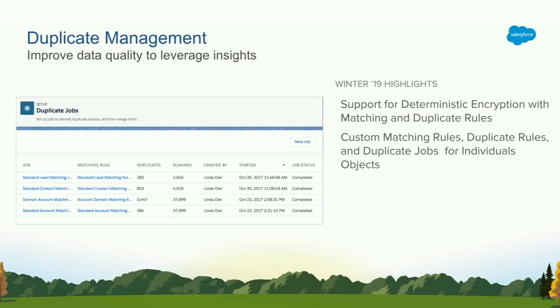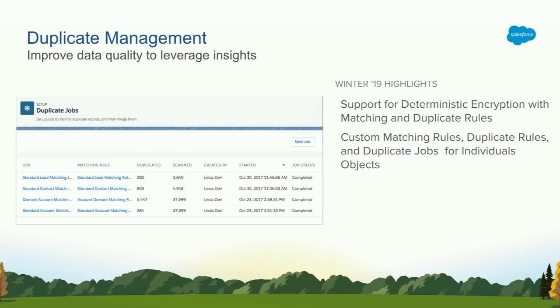We're also moving towards making sure we can help you and the rest of your team be compliant for privacy compliance as well as the new GDPR and other legislation. So we provide support for deterministic encryption with the matching and deduplication rules to make sure all this potentially personally identifying information is encrypted and we leave no stone unturned.